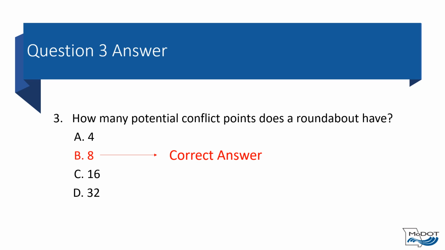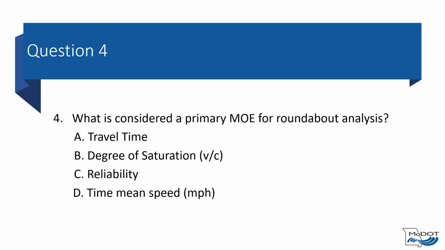Roundabouts have 8 potential conflict points. Question 4. What is considered a primary MOE for roundabout analysis? Is it A. Travel time, B. Degree of saturation, C. Reliability, or D. Time mean speed?